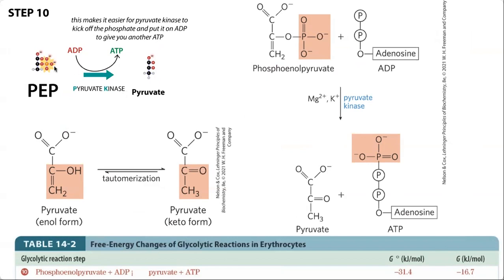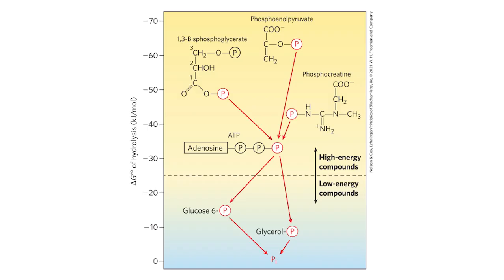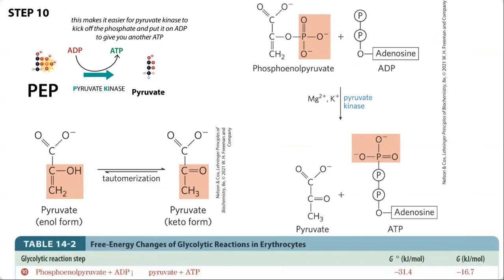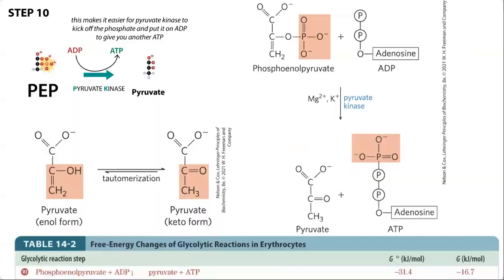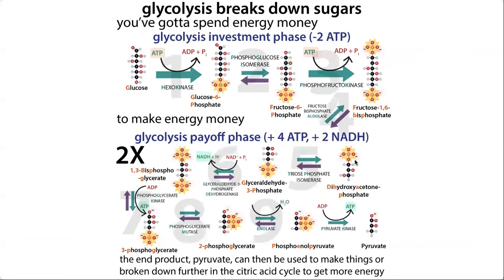And so we're going to let it release that phosphate group, transfer it to ADP to give us ATP. This is going to give us this energy that's like the Big Bang at the end of our pathway. And this is going to give us another ATP, which again is going to happen twice. So that's why we get 2 ATP here, 2 ATP here, but we use 2 ATP here.